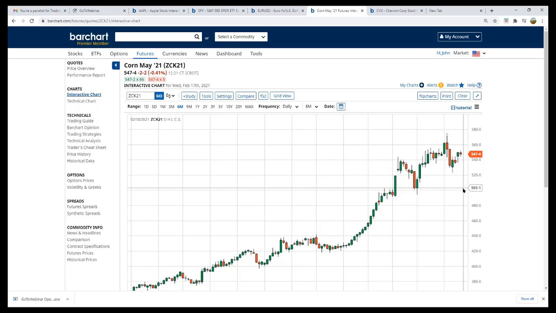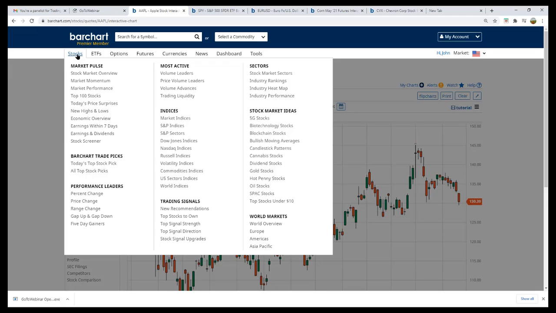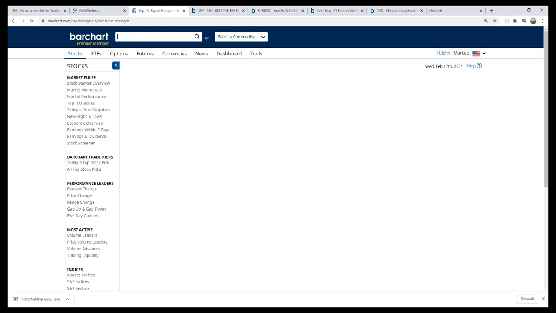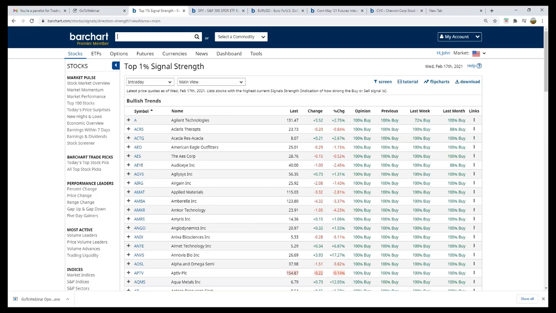Okay, all right. So let's go back to our main page, stocks. One of the areas we have here says trade signals. And down here we see top signal strength and top signal direction. If I pick one of these, the top signal strength, it's going to show me all the stocks where not only are all the indicators showing a buy signal, but in terms of that divergence, they're in the top 1% of all those indicators.